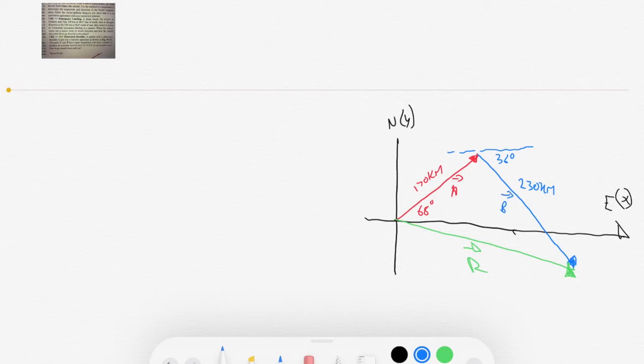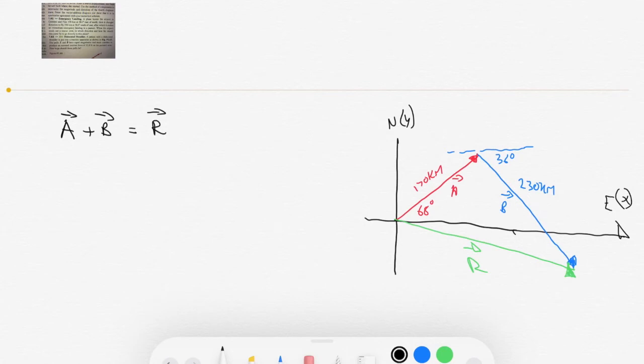We're looking for the sum of A and B, which is equal to R. That's the vector sum. So back to black here, we can say that the sum of vector A plus B is equal to the resultant vector R, which we have there. We know what A and B are from our diagram, so we're going to split this up into vector components.